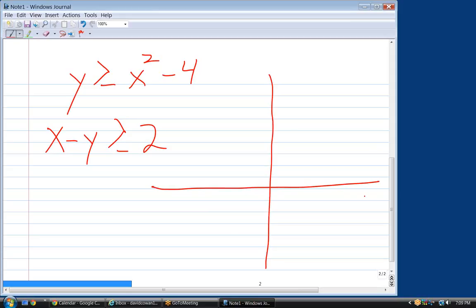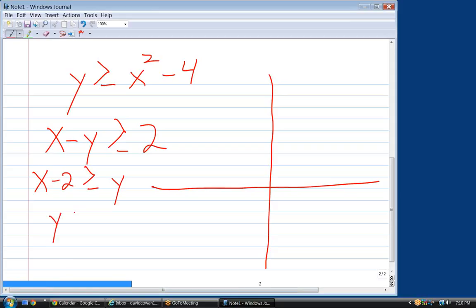How do I graph that second equation? Add y on both sides and subtract 2 on both sides. That gives us x minus 2 is greater than or equal to y.